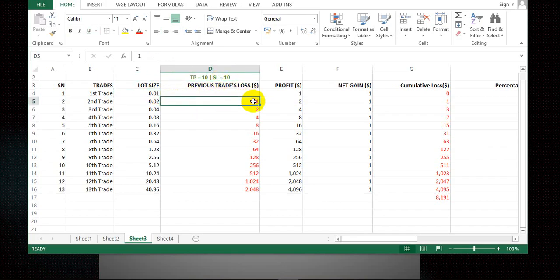You lost $1. But on this second trade, you're using 2 micro lots, and 2 micro lots represent, if you remember, 20 cents per pip. So 20 cents times 10 pips gives you $2. So guess what? You made a profit of $2, but from the previous trade you've lost $1. So your net gain is $1.